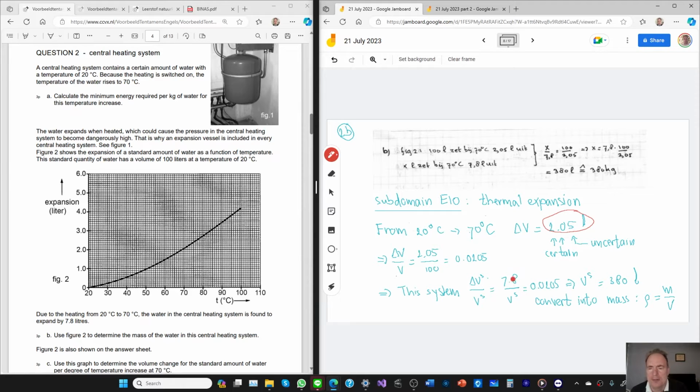So we find 7.8 divided by the volume of the system has to be this, and then we find that it has to be 380 liters. Finally, this is a volume, so you have to convert it into mass. We use the density of water, which you can find in BINAS, but it's really super close to 1. So you find that it's 380 kilograms.